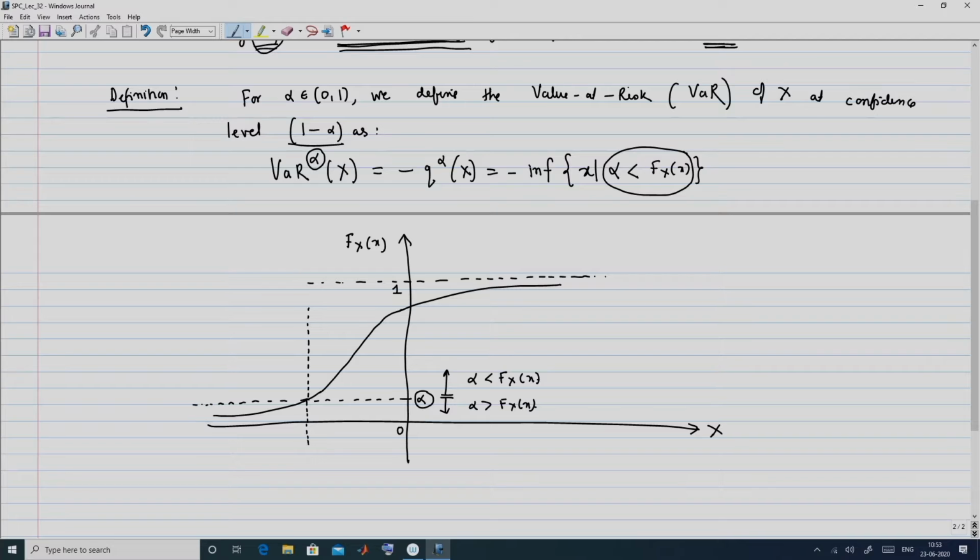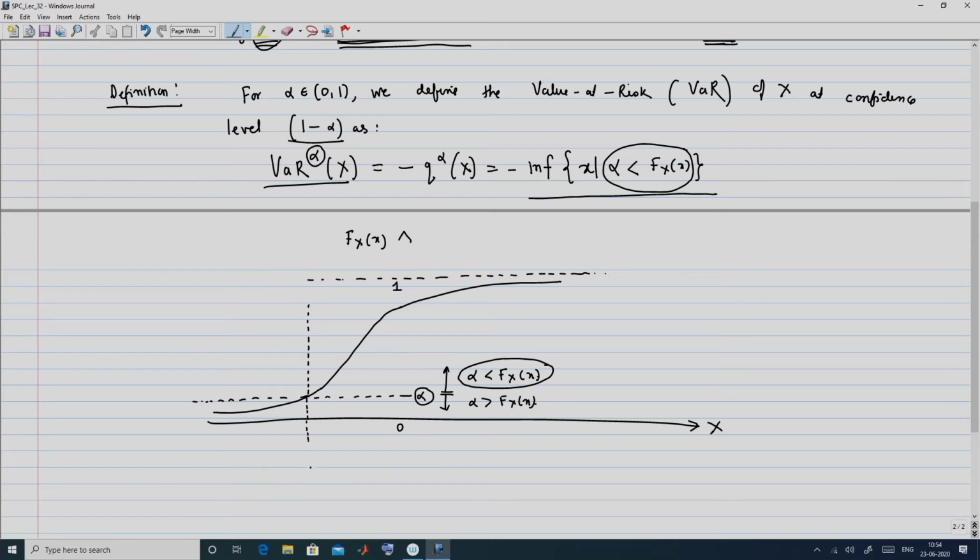So accordingly, when I am going to calculate VaR, that is equivalently I have to calculate the minus infimum of all those x's for which alpha less than F_X of x. So I consider this region where alpha less than F_X of x, and consider all the x's from this part onwards, and I look at the smallest value of x, and in this region of alpha being strictly less than F_X of x, that smallest value of x will be given by this.